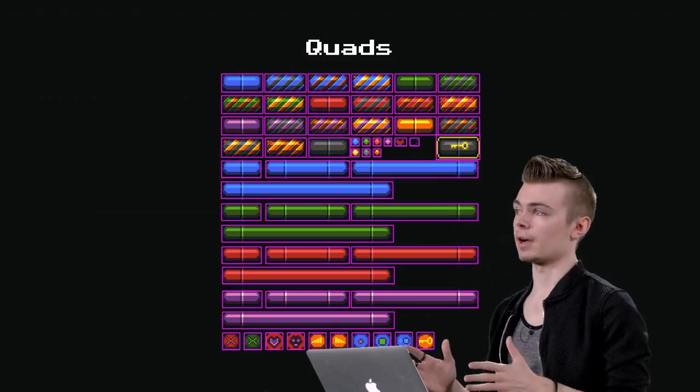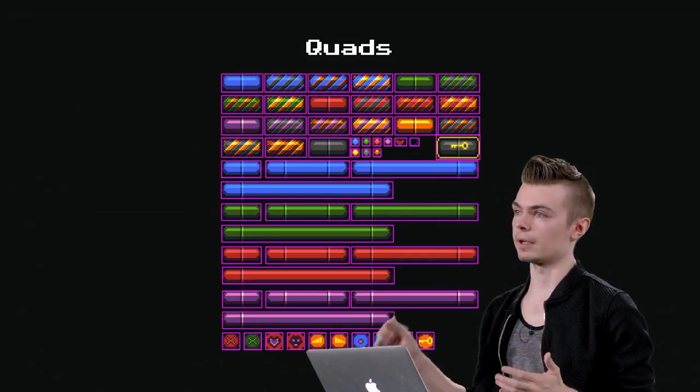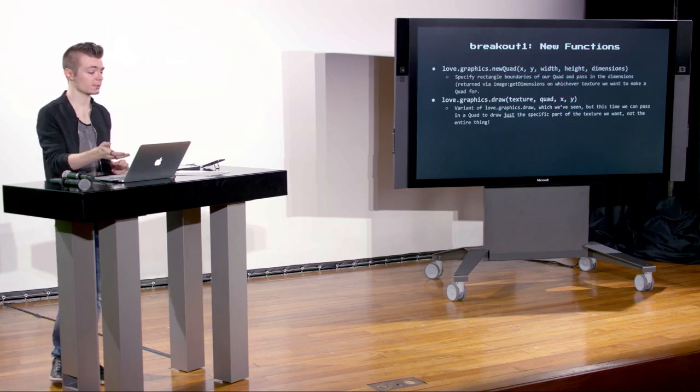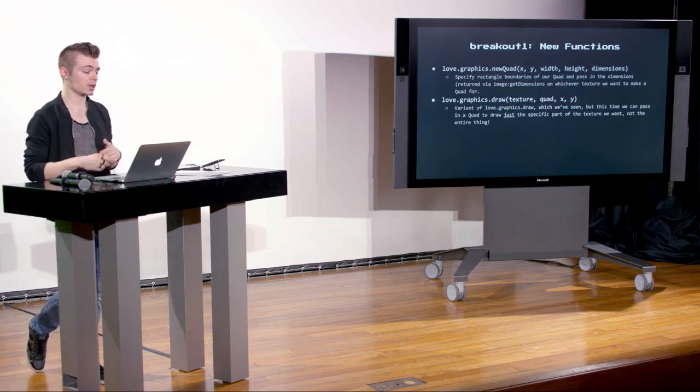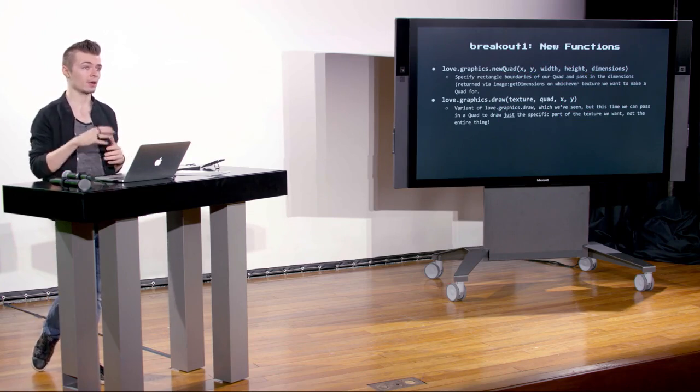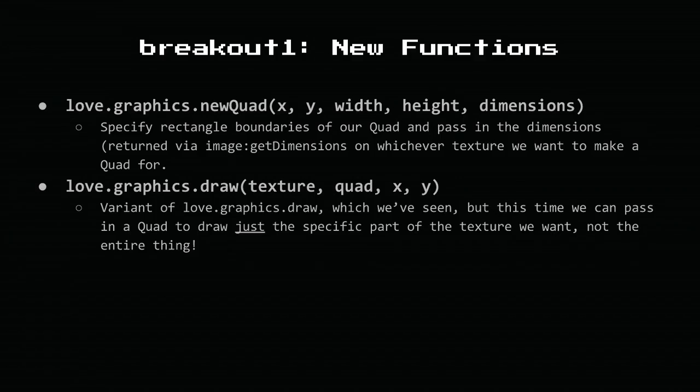And it has the effect of looking as if you're only drawing tiny little images as opposed to one monstrous image. The functions that are relevant for us to look at are love.graphics.newQuad, which takes an x, y, width, and a height, and also a dimensions object, which you get from an image. We'll see that. I believe that's just a width and a height from whatever image you want to create quads for.